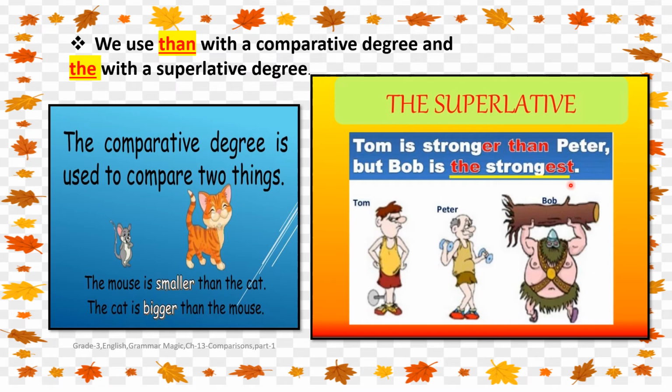So children, when we are talking about more than two things, more than two persons or any places, that time we use est at the end of the word and we use the before the superlative degree, not after. With comparative degree we use than after the comparative degree and we use the before the superlative degree. Okay children, so we will get the idea.